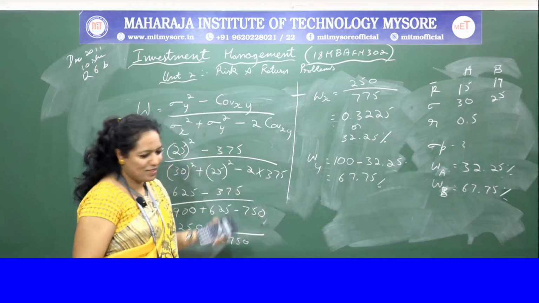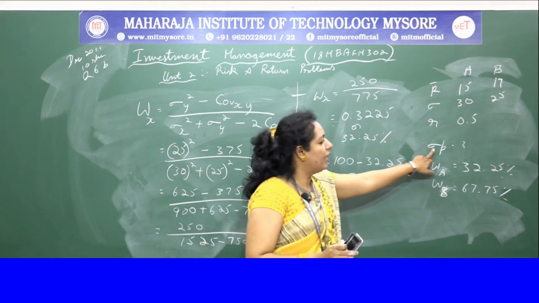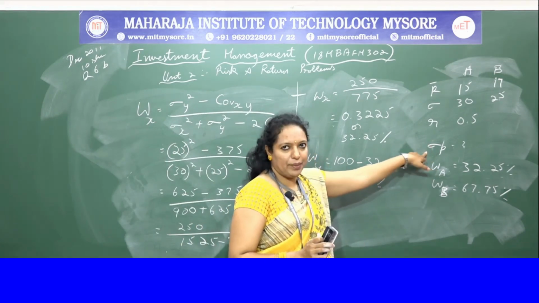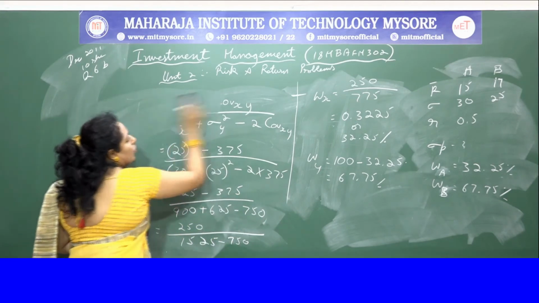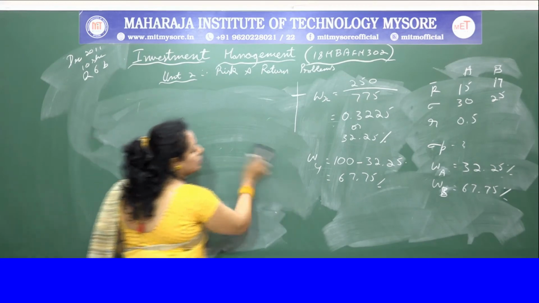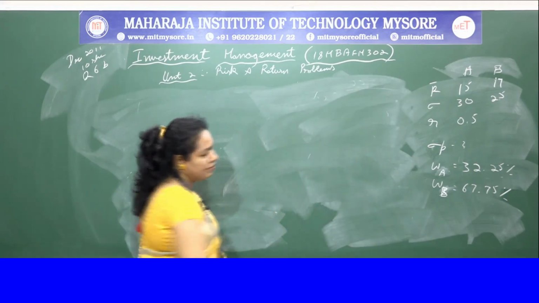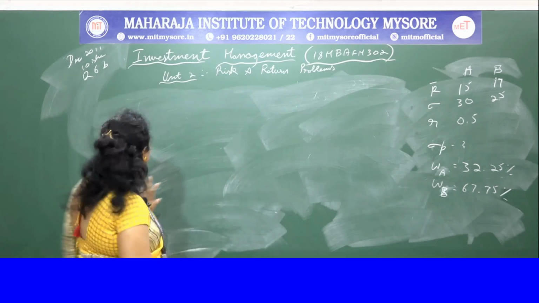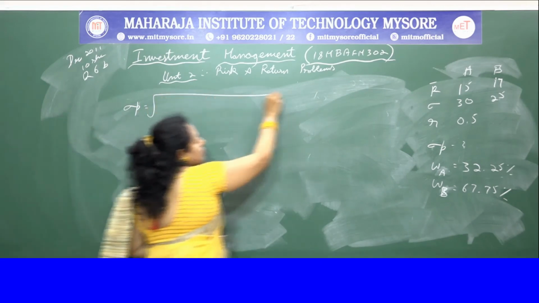Okay, so now what they have asked us to calculate is standard deviation P. Moving ahead, we'll erase all this. This is not required now because I have already shown the calculation. Let's move on with the problem now. Standard deviation P, that is this formula.